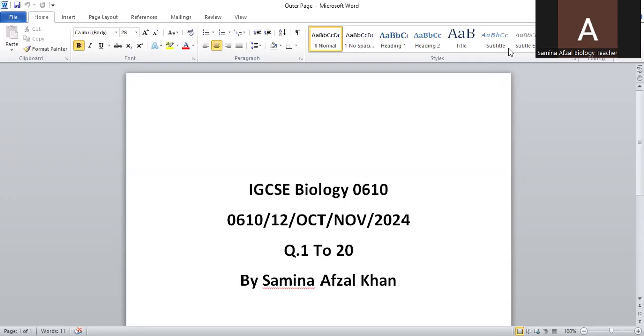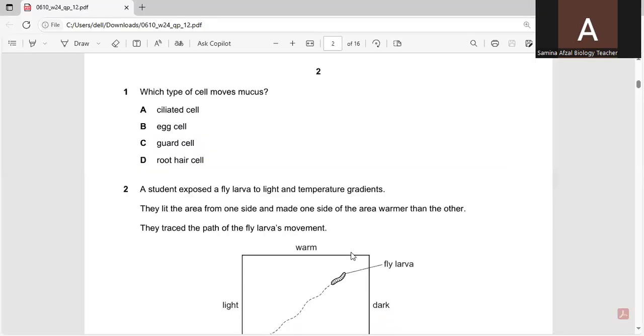And question number 1 is, which type of cell moves mucus? They have given us 4 options. The first cell is the ciliated cell. Ciliated cells are characterized by the presence of cilia, which are hair-like projections on their surface.